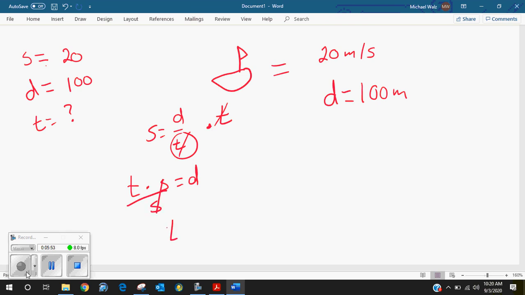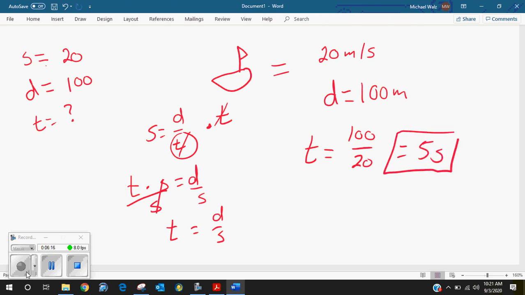So now time is equal to distance over speed. Now we have our base formula, so we can put in our numbers. Time is equal to 100 divided by 20. That equals 5 seconds. Any questions on that?